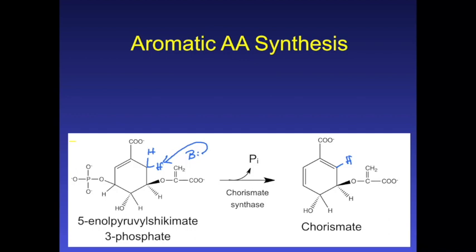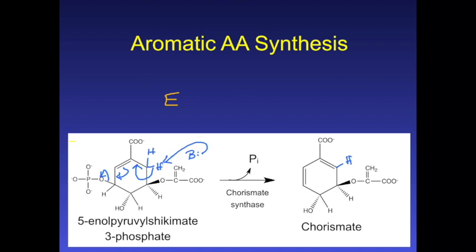I'm going to take this pair of electrons, and the only place it could go is right here to form the double bond, right? But that means this carbon has too many bonds. So what is it going to do? It's going to do this, and that falls off. At the end, I created more double bonds than there were at the beginning, correct? This kind of reaction is called an elimination.